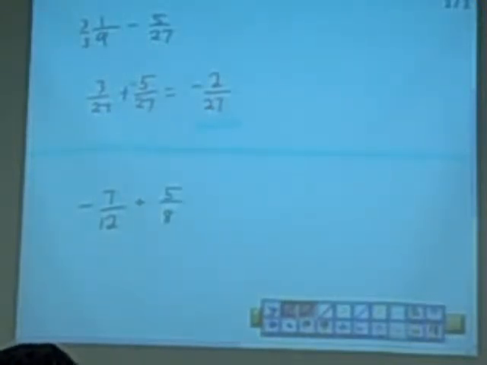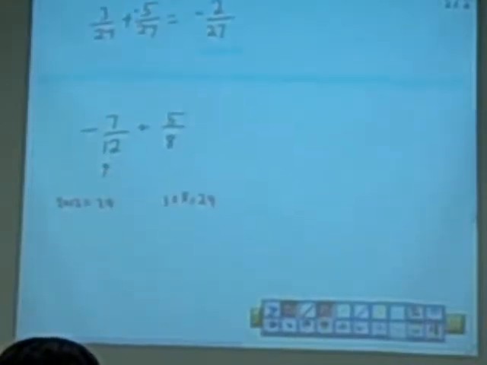And the easiest way to get a common denominator is start with the largest denominator and just start multiplying. 2 times 12 is 24. So can we say 8 times something gives us 24? Yeah, we can say that 8 times 3, right, is 24.